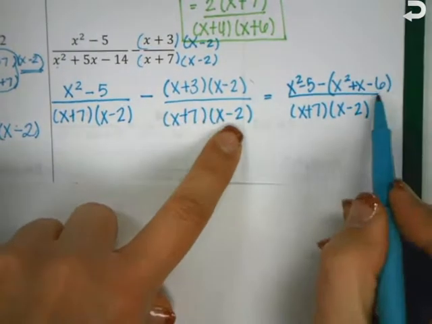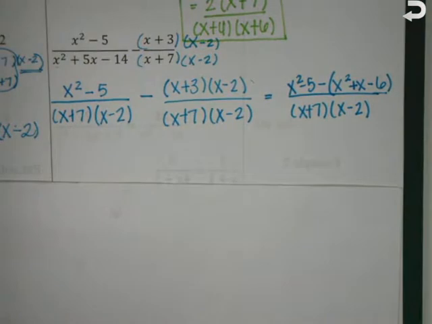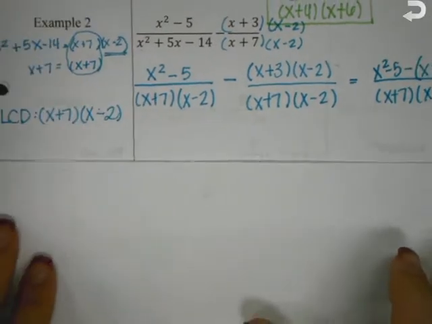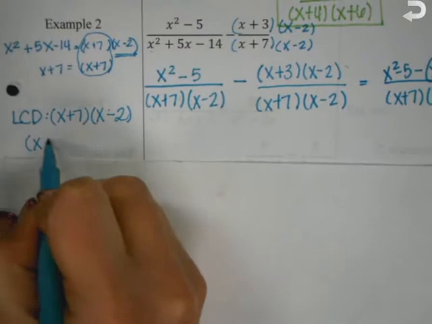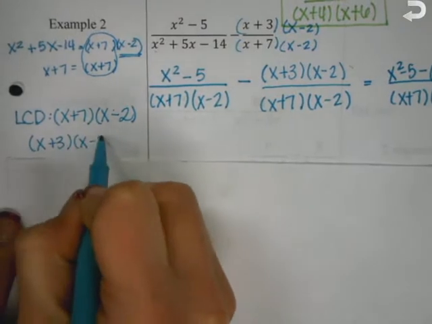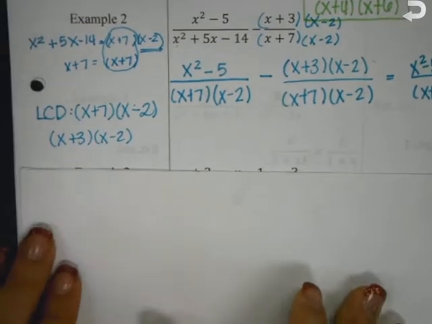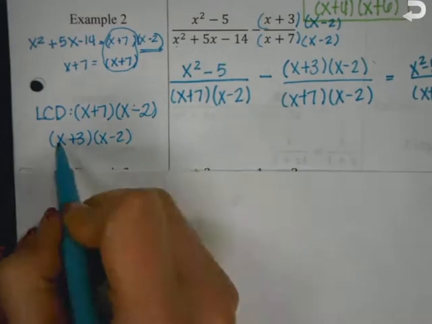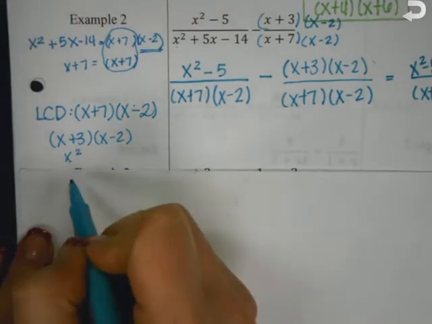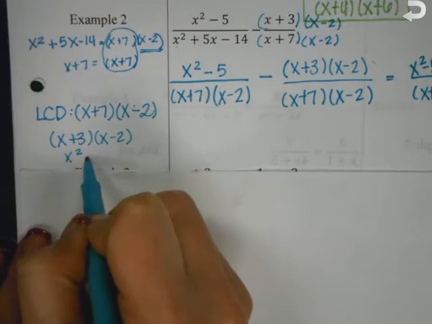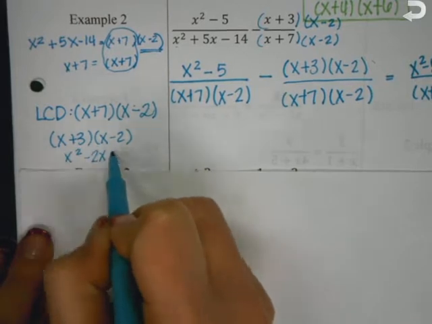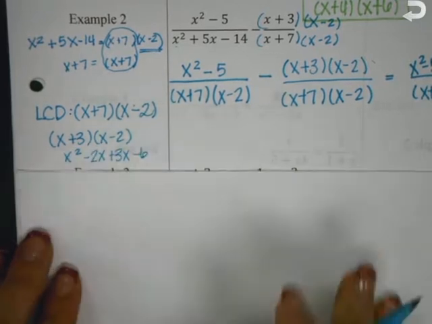I use FOIL. x plus 3 times x minus 2. x squared minus 2x plus 3x minus 6. And those combine to give me positive x.